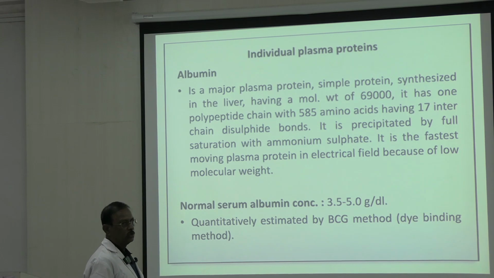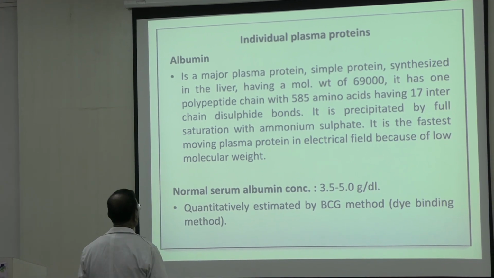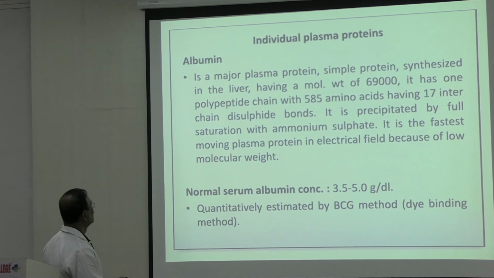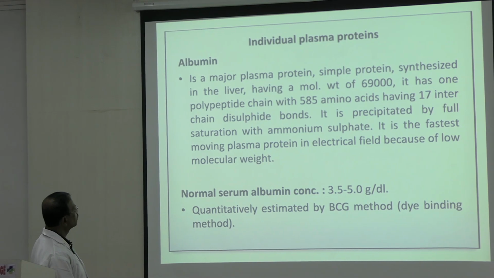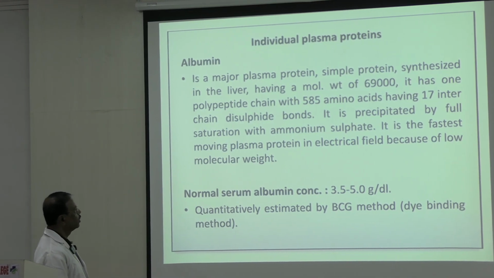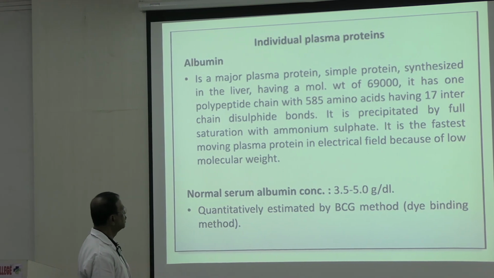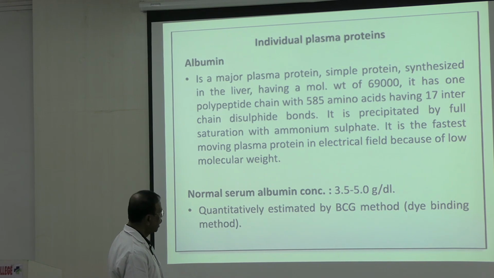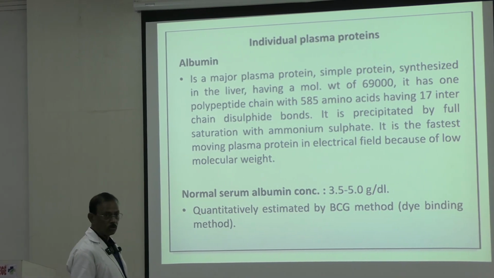Now, individual protein, albumin. Here is nothing to understand, just memorize. It is the major plasma protein, a simple protein synthesized in the liver having molecular weight of 69,000. It has a single polypeptide chain with 585 amino acids having 17 interchain disulfide bonds.